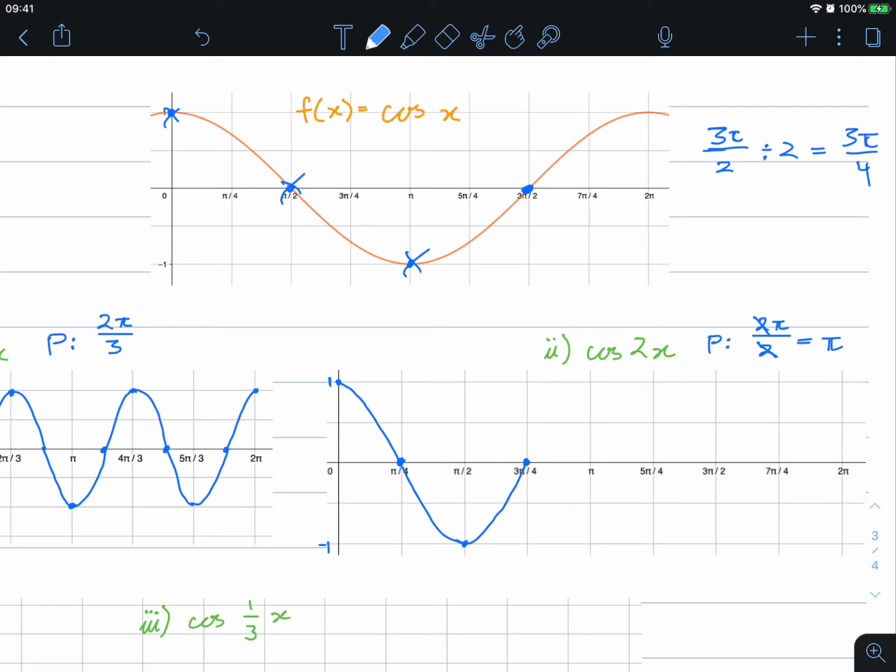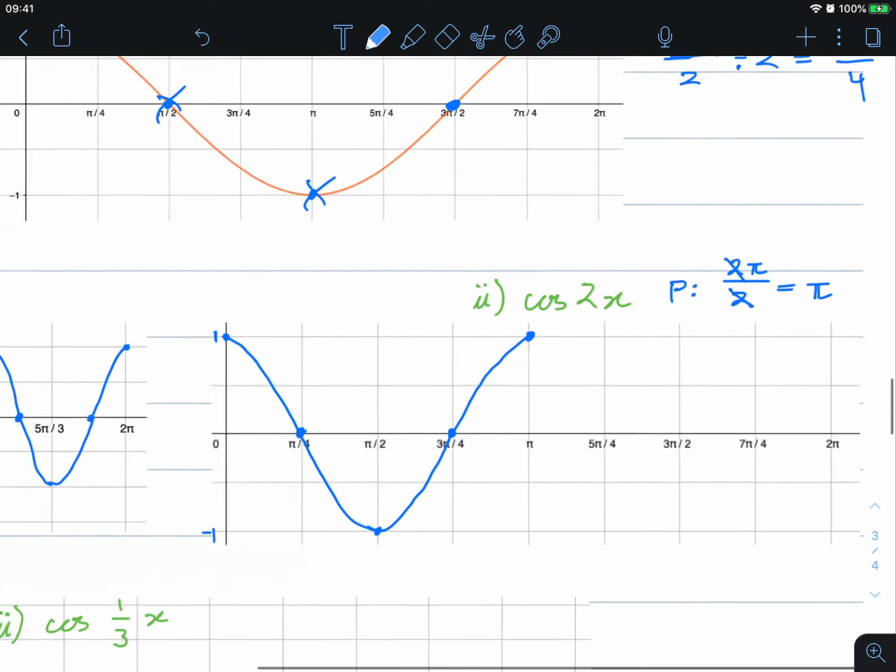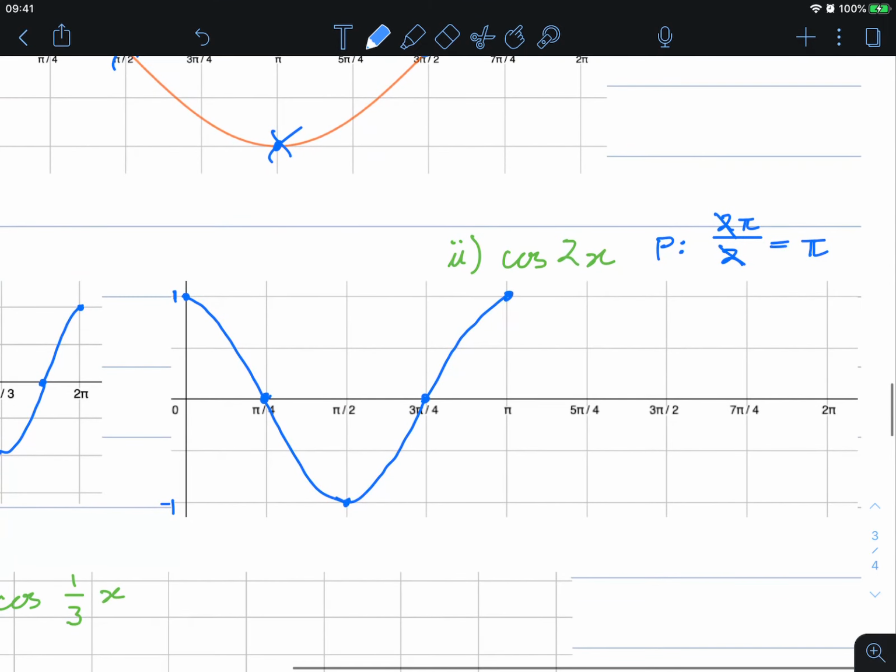And as you can see, the cycle will finish back at pi. And this cycle will repeat itself. So one step across goes back down to 0. One step across again goes to the lowest point.